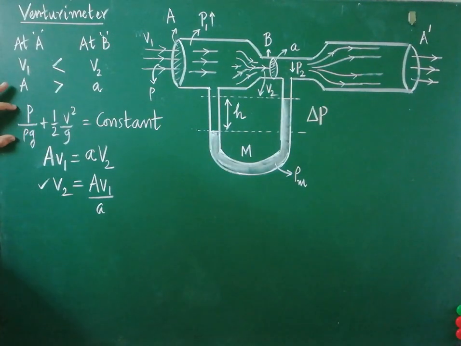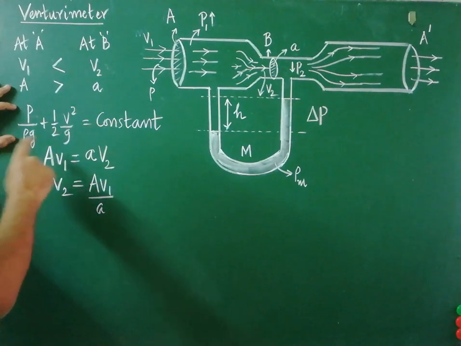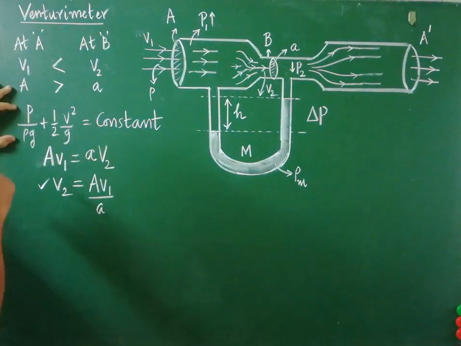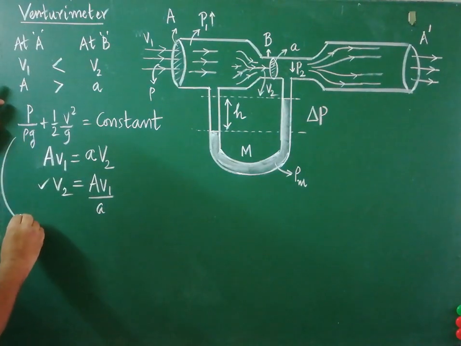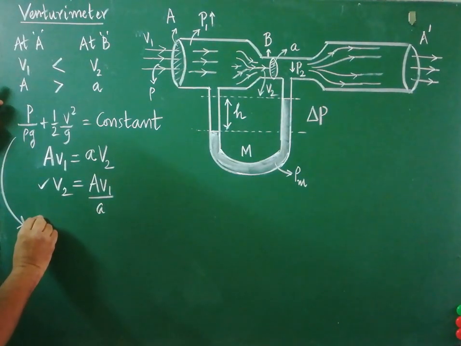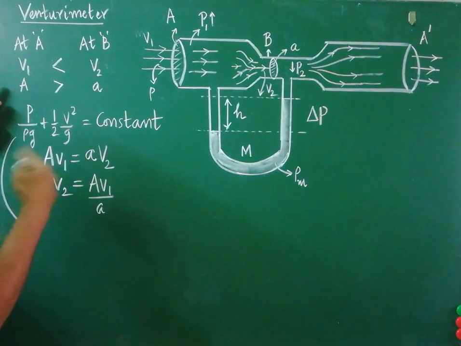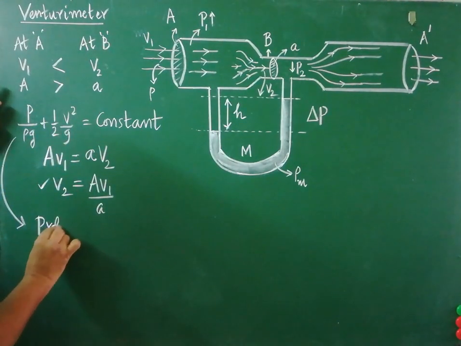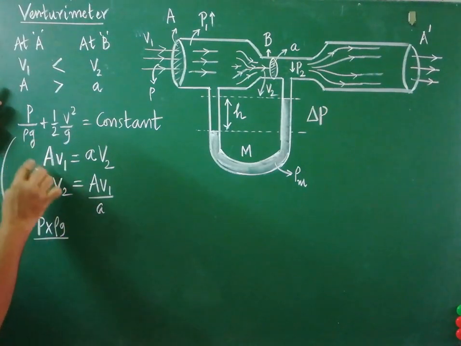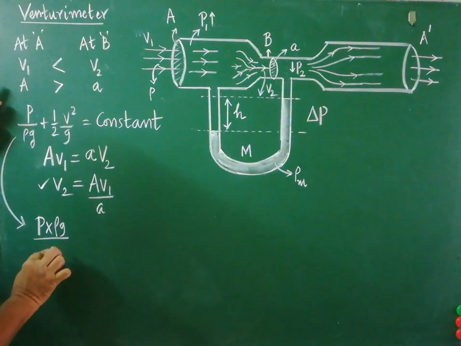This is the basic fundamental equation of Bernoulli's theorem. In this equation, we have to do certain modifications. What do I have to do? Look at that, I am going to rewrite the equation. Each factor must be multiplied by rho g, and rho g is already there in the denominator.